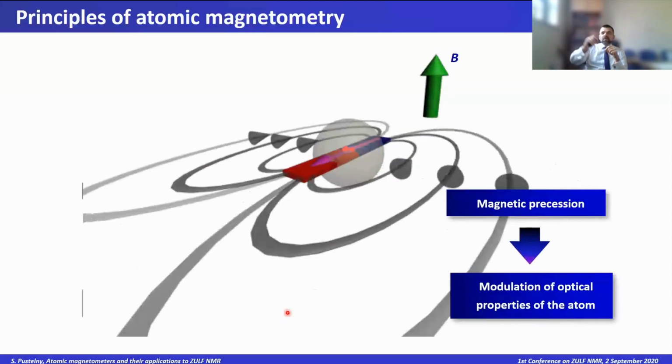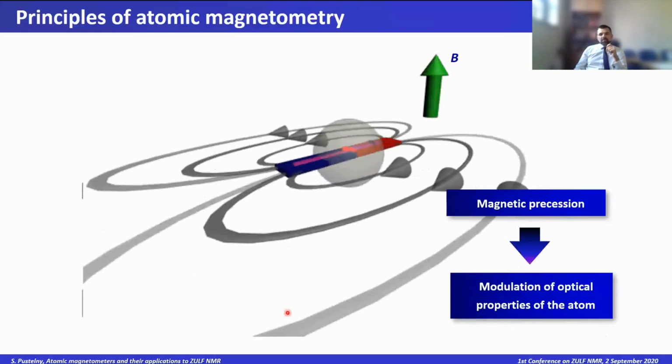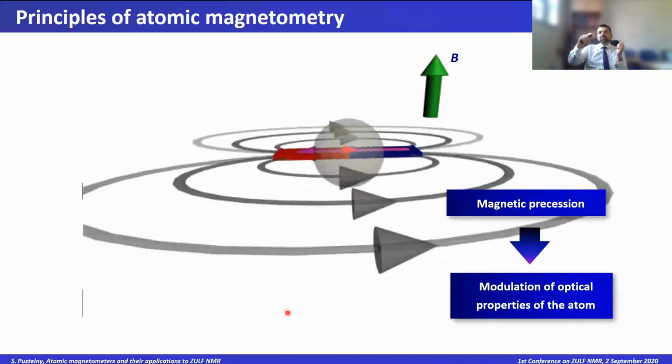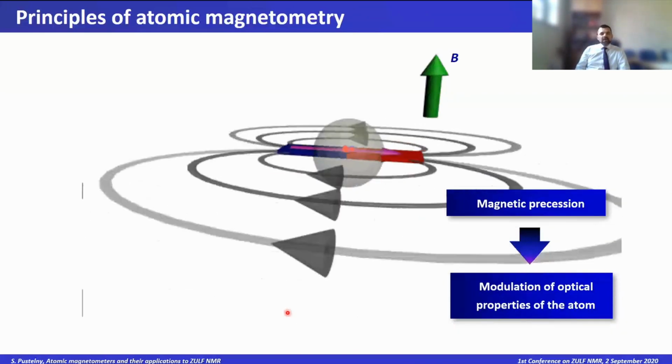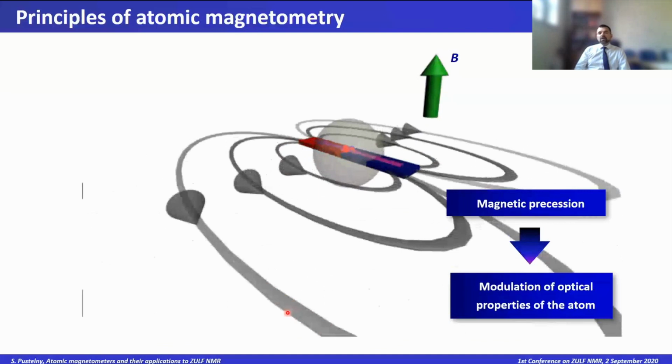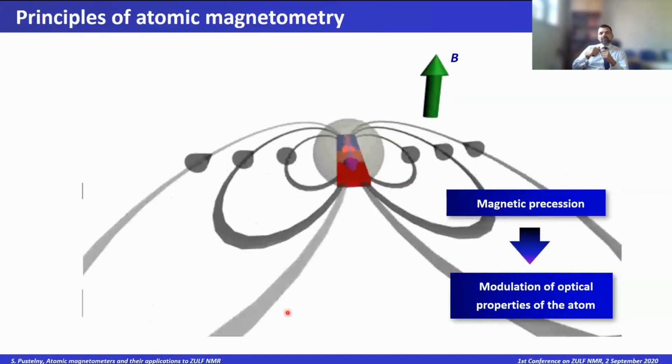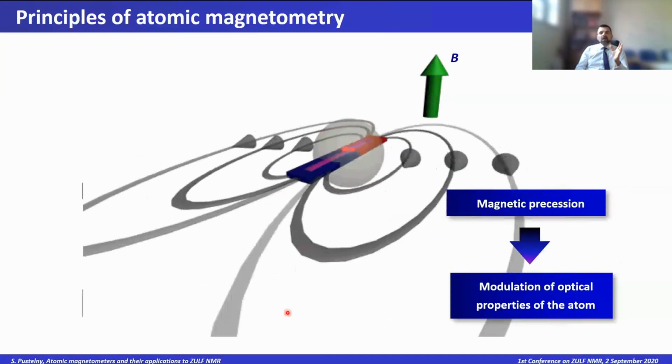Because when the light was along this projection of spin, there was no absorption. But when it's rotated by 180 degrees, it's exactly anti-parallel, so the probability of absorbing a photon is very high.